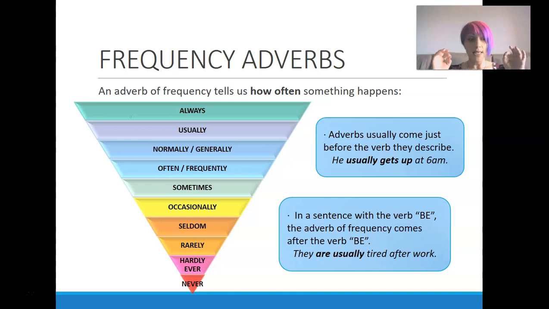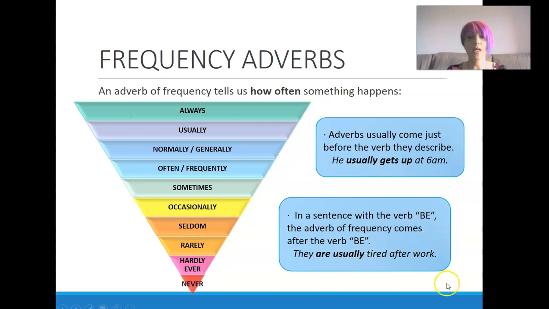But if the sentence is with the verb be, this adverb goes after the verb be. For example, they are usually tired after work. So remember, adverbs normally go before the main verb, but after the verb be.